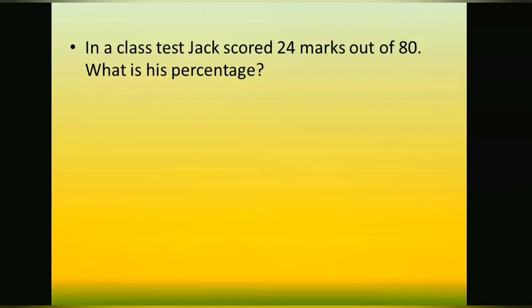How will you do this? Marks scored divided by total marks multiplied by 100 will give you the percentage that Jack scored. 24 divided by 80 into 100 is equal to 30. So, he scored 30% in the test.